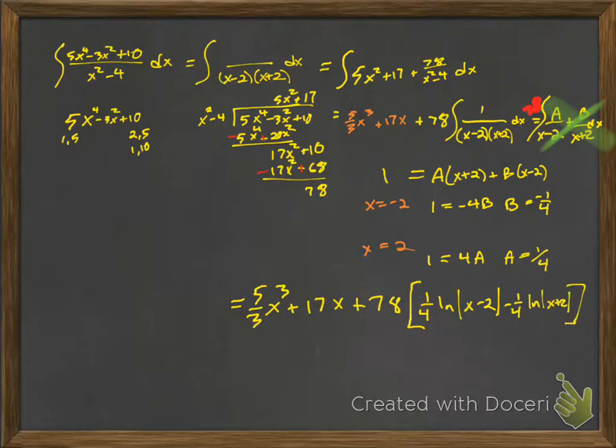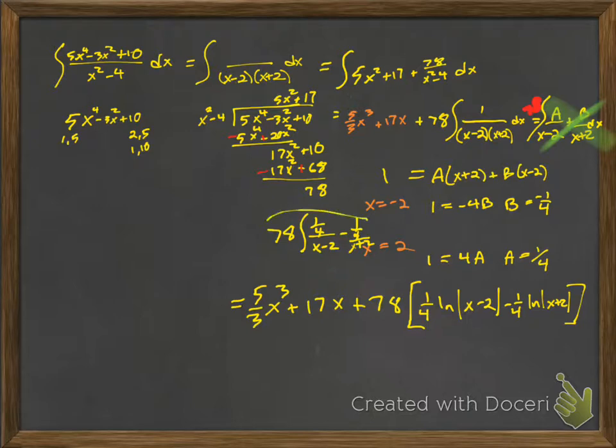And then I'm going to go ahead and do the antiderivative of, if I go back up, what I'm leaving off here, and I should probably put that back in here, is this integral of 78, oopsie, and then our 1/4 on top of the x minus 2, and our negative 1/4. So I made it minus 1/4 over x plus 2. And sorry that overlapped, but that's what I'm integrating.